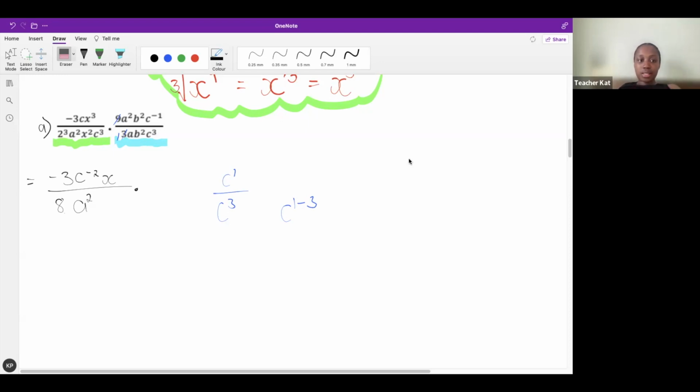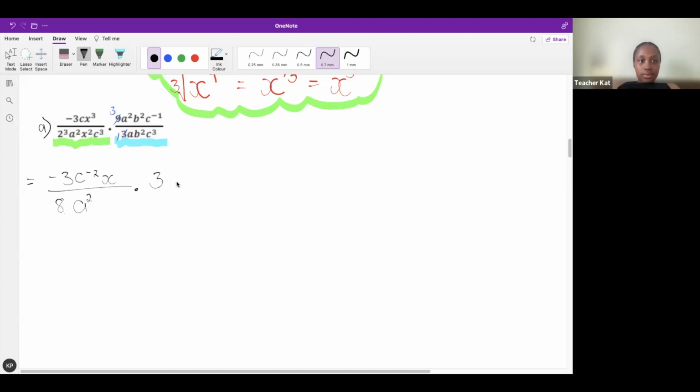Okay, now let's get going. So we said it goes into 9 how many times? 3 times. So in my numerator, I will then be left with a 3. And then we have a to the power of 2 minus 1, which is 1. So it's just a. You're welcome, Bongo Musa.